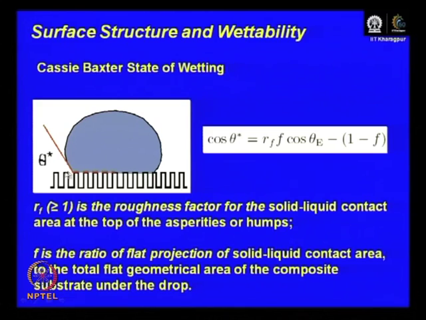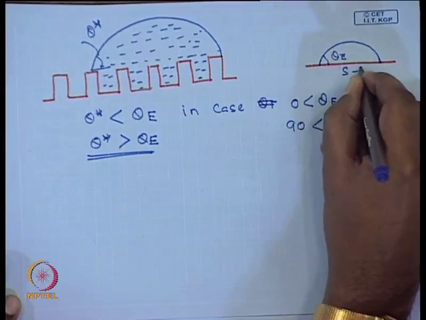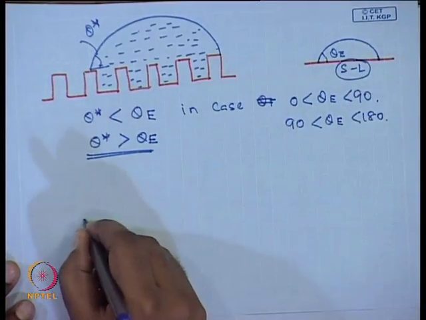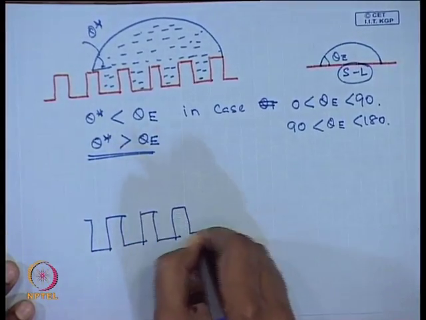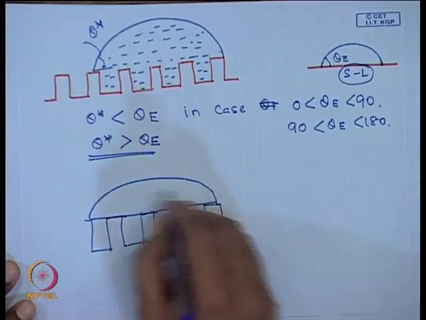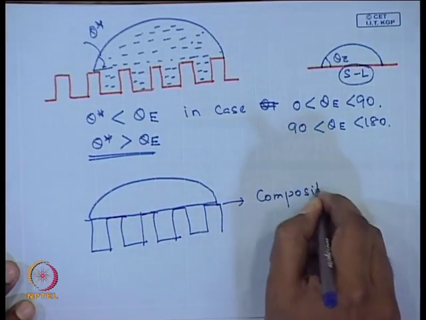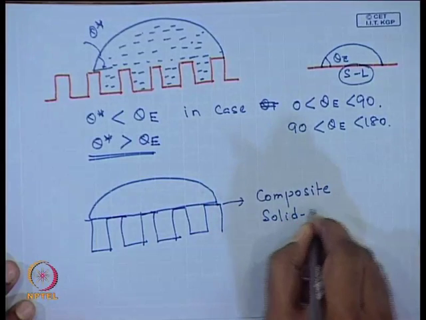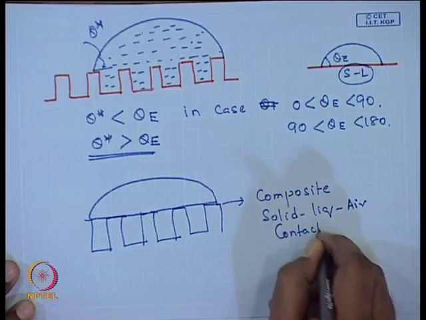So, in the typical case of a solid liquid contact line, the way we understood Young's equation, this is a solid liquid contact line here. In the Cassie state of wetting, a solid liquid contact line is actually replaced with a composite solid liquid air contact line.